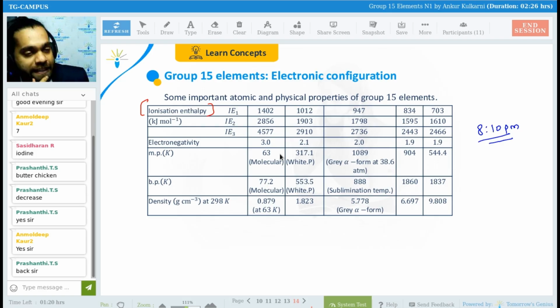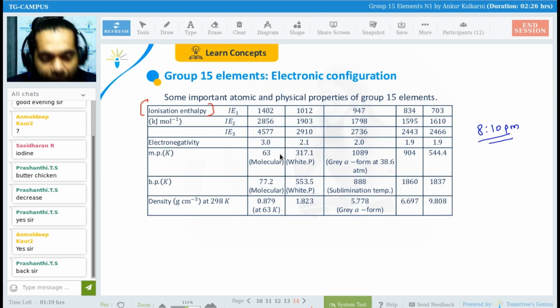Yes, when I say ionization, what do I mean by that? I asked only ionization. What is ionization, everyone?